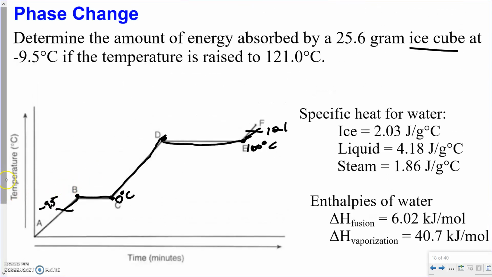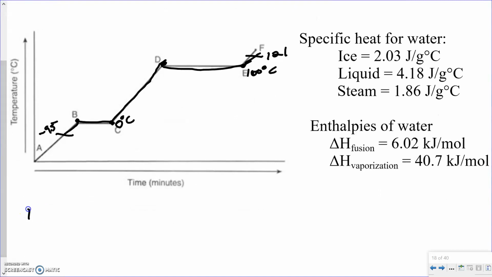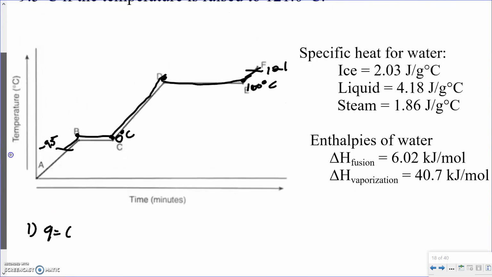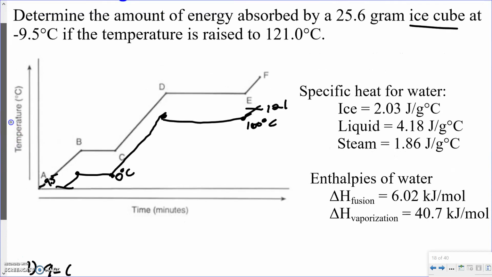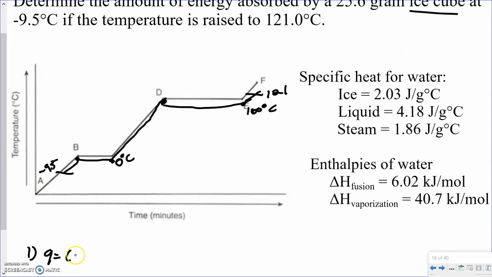Step 1 is dealing with MCΔT. So our Q is going to be equal to mass, which in this case is 25.6 grams.